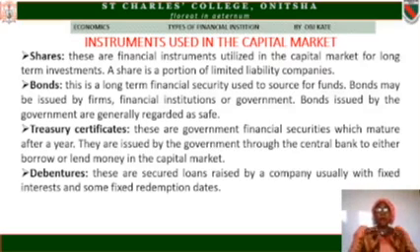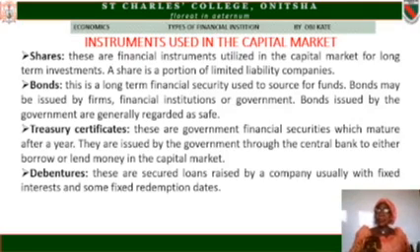Then we have bond. Bond is a long-term financial security used to source for funds. Bonds may be issued by firms, financial institutions, or governments. Bonds issued by government are generally regarded as safe.